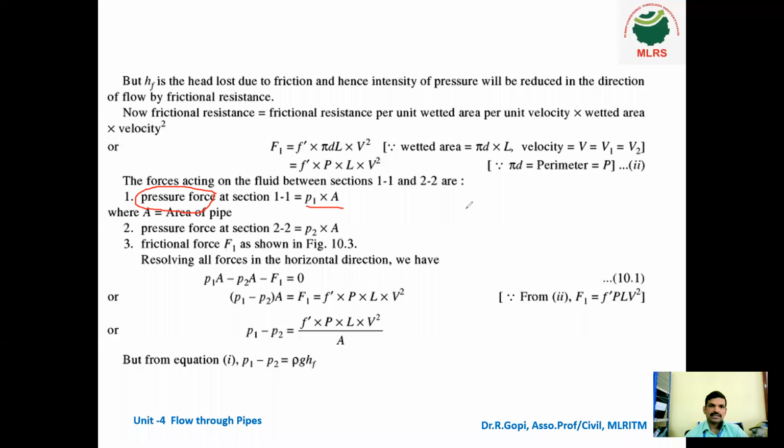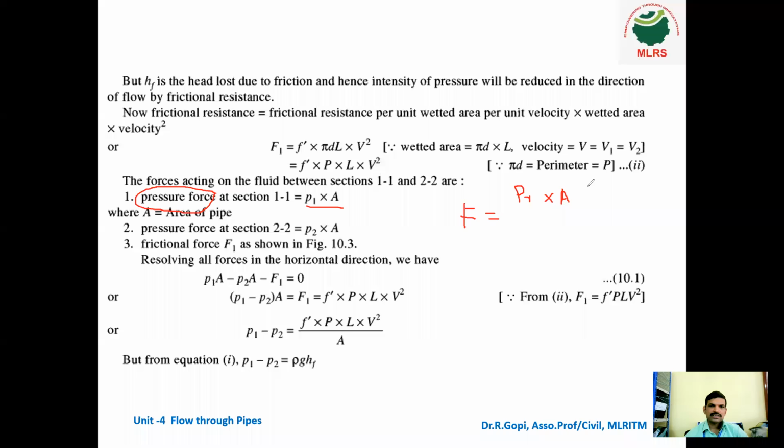What is meant by force? Force is equal to pressure into area. Pressure is nothing but stress. What is stress? Force per unit area. We need force, which means stress into area.